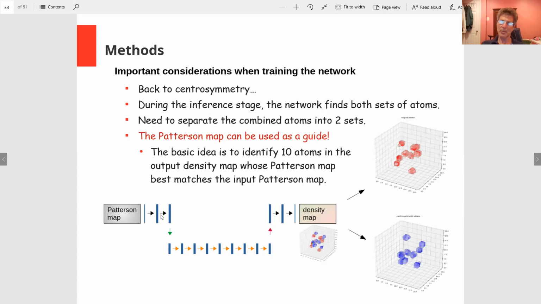If the Patterson map improved, then you keep the swap. If the Patterson map got worse, then you reject the swap. And just by doing swaps like that, you can get the group of 10 atoms to separate them into two sets.